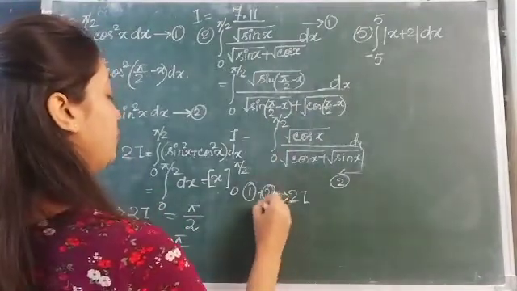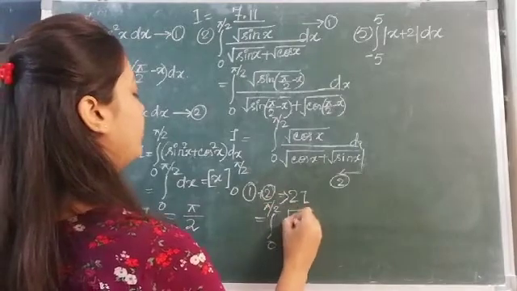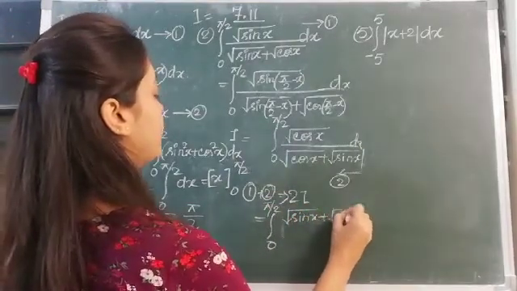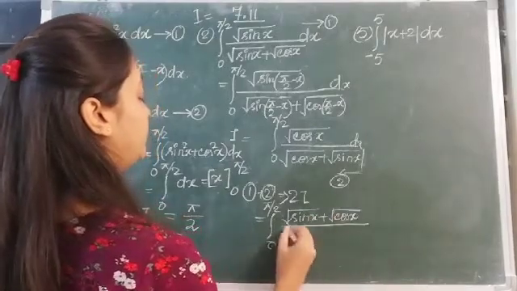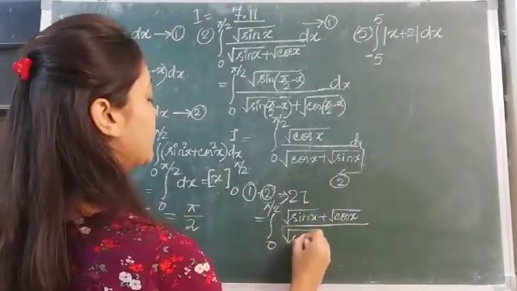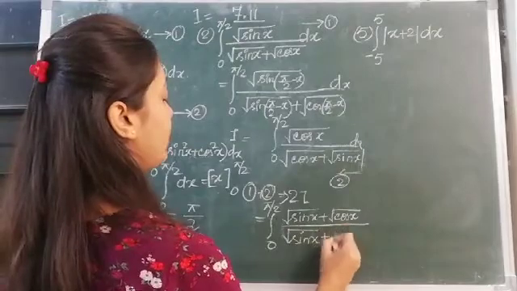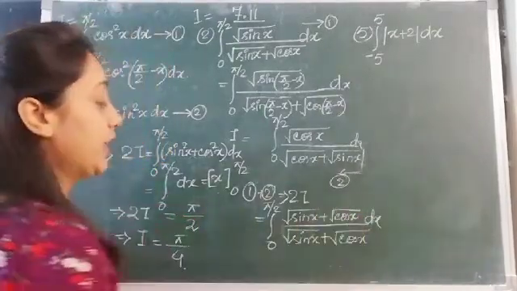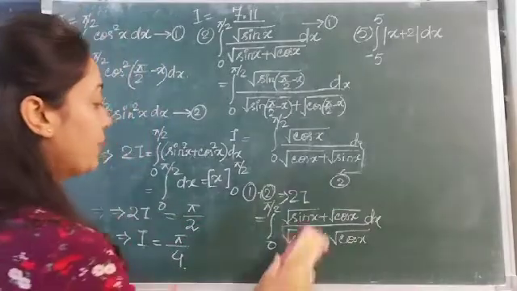So the integral from 0 to pi by 2 of root over sin x plus root over cos x, divided by root over sin x plus root over cos x, dx, will get cancelled and you will get 1.